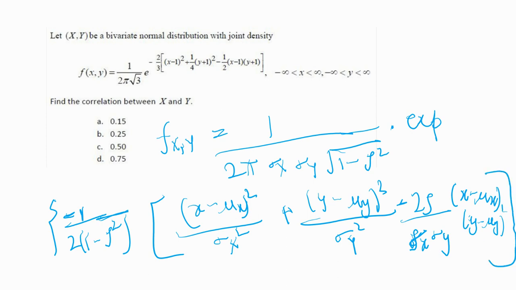So this is how we define the bivariate normal distribution.